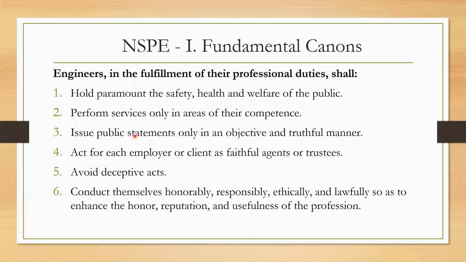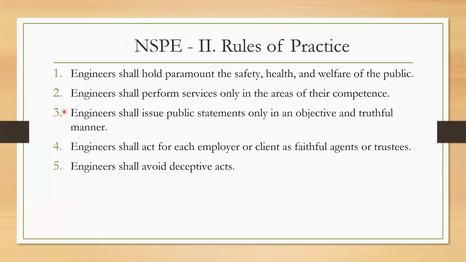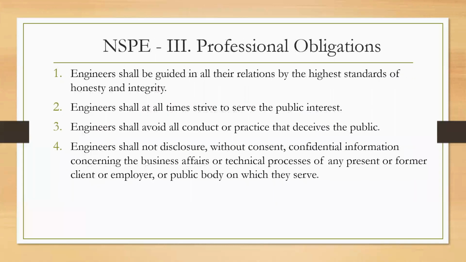Also, issue public statements only in an objective and truthful manner. So these are some rules, and here is another section also about the rules. If you see, it is almost the same. This is their way to write their rules, and here also the professional obligations. It goes into more detail about honesty and integrity, meaning they should provide the high standard of honesty and integrity.